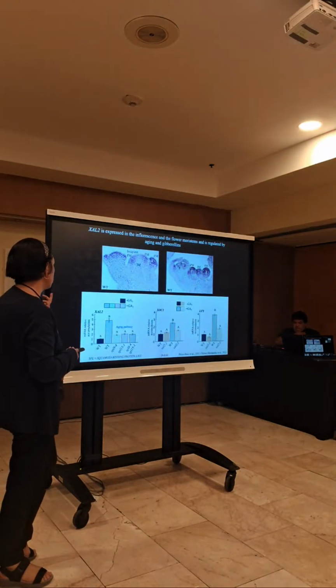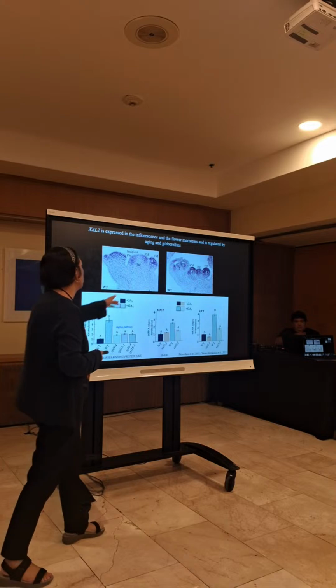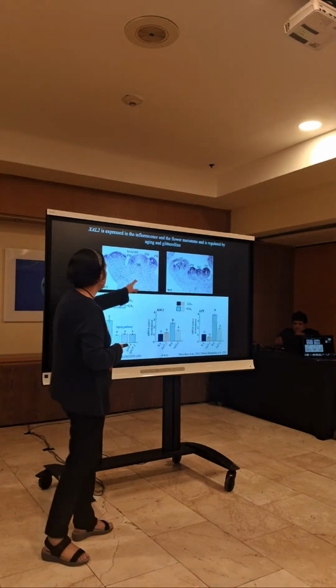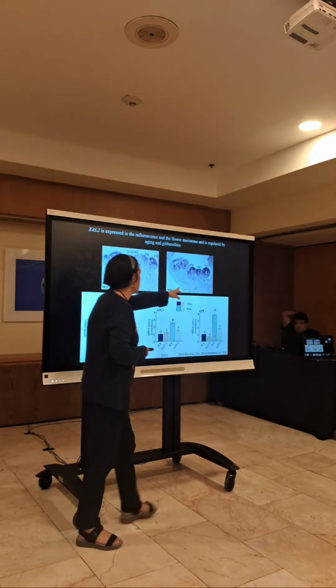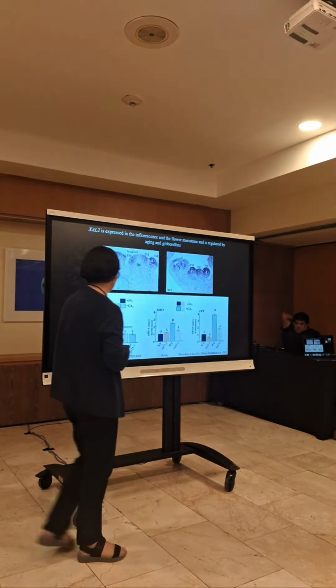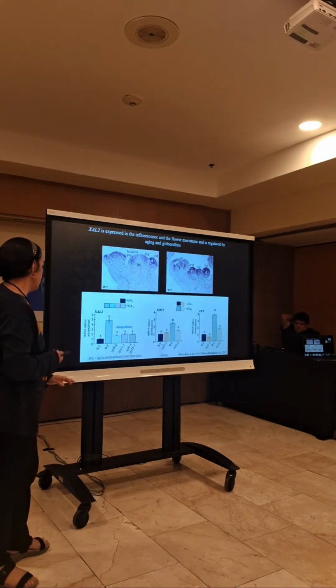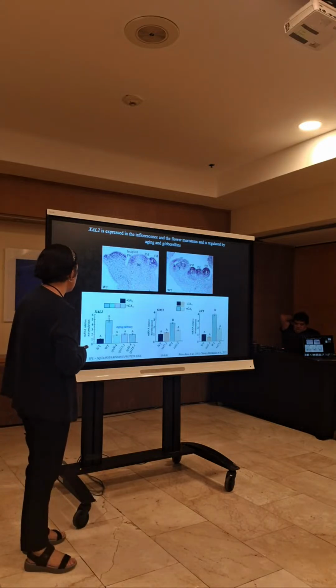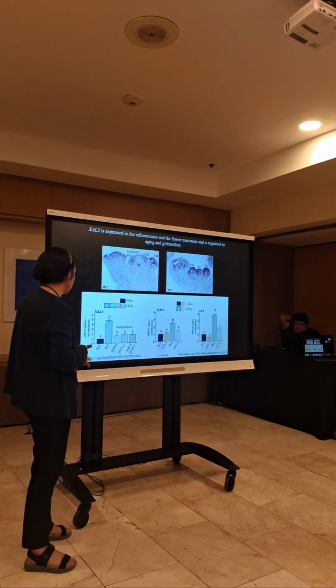And about Chantal 2, it's also expressed first in the incipient flower meristem, then it appears also in the inflorescence meristem, and in this case, Chantal 2 is not regulated by the environmental conditions, but by the internal conditions of the plant.